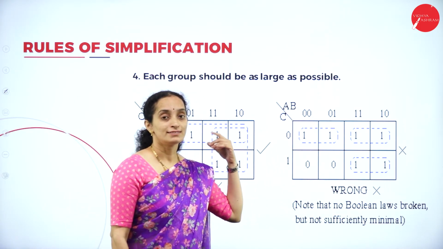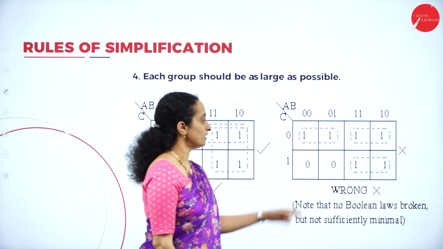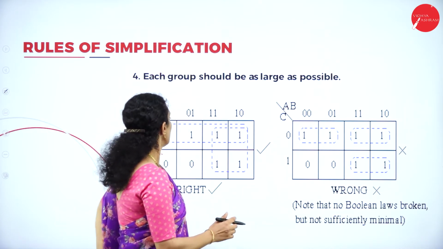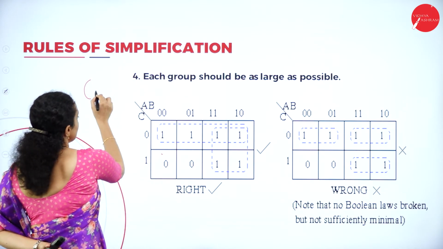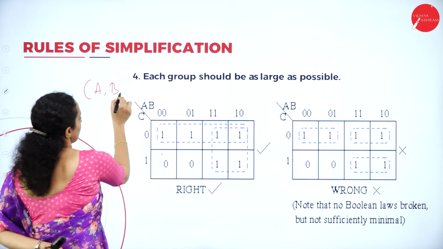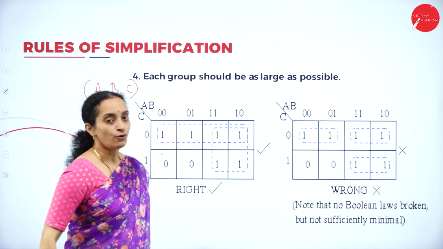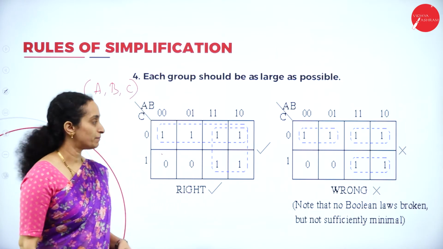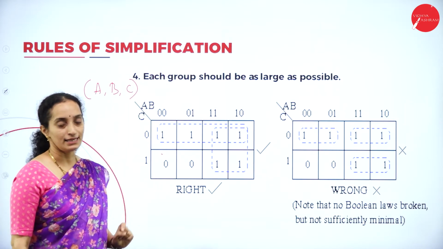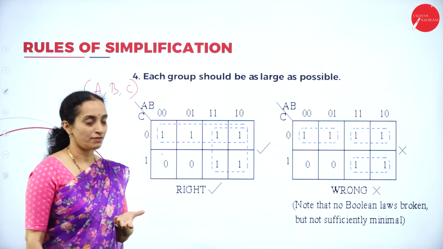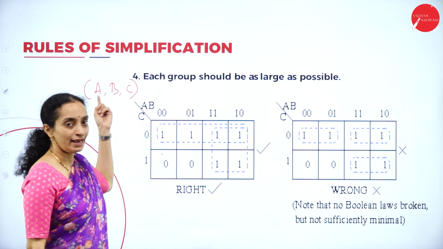Here you have the example of a wrong expression where you have 3 variables A, B, C. How do you group these variables is either you can take AB and C, which is a more convenient way, or you can take A, BC.